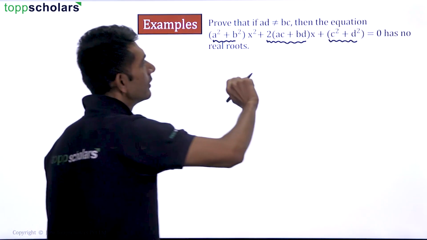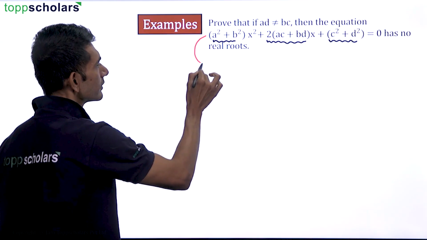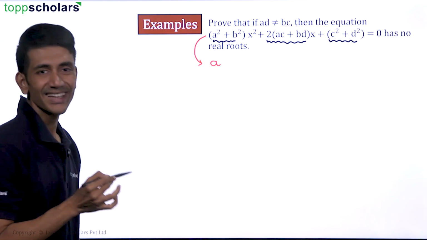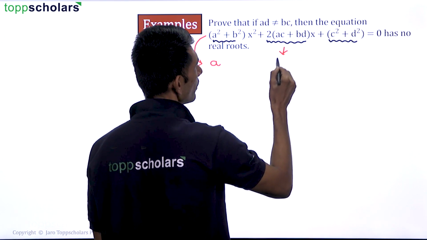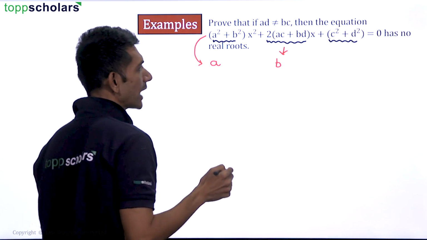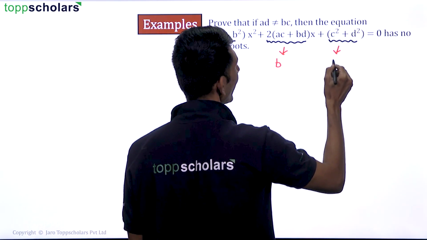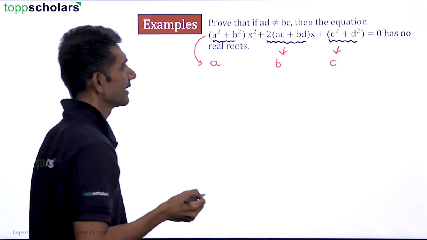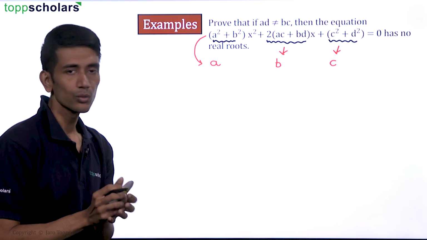Firstly, this is the value of a, that is a square plus b square. This is the value of b, that is 2 times (AC plus BD), and this is the value of c. We are supposed to prove that this has no real roots.